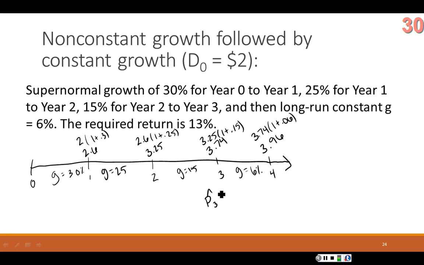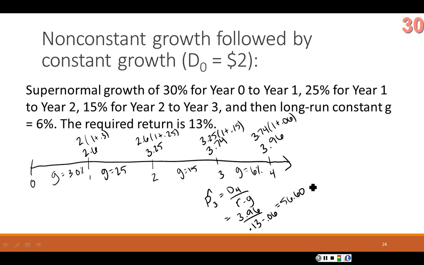So the anticipated value of the stock at time period 3 would be equal to the dividend at time period 4 divided by R minus G, the required return minus the growth rate. So here for our example, it's $3.96 divided by 13% minus 6% to give you $56.60.